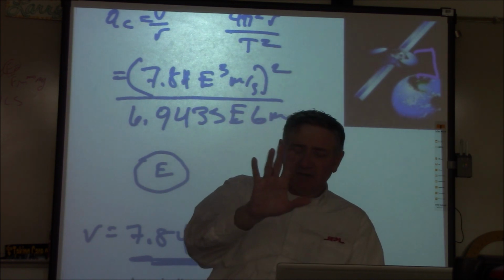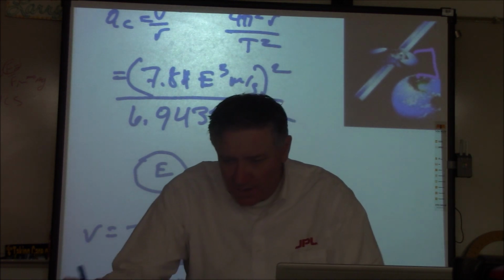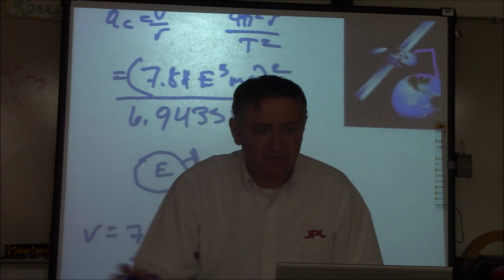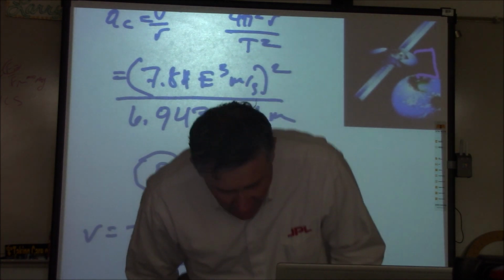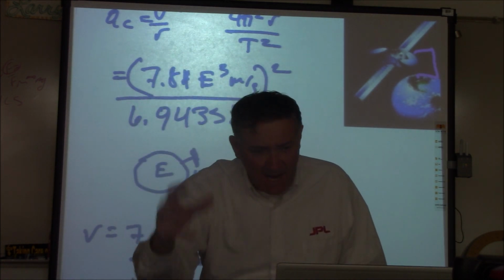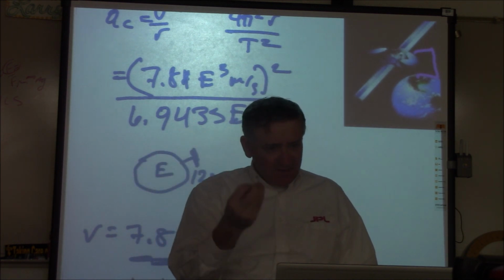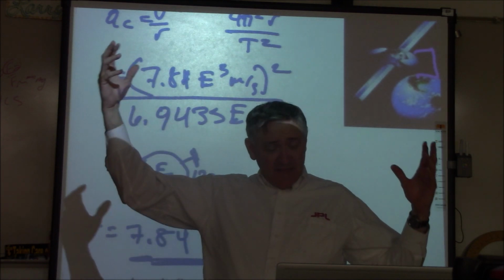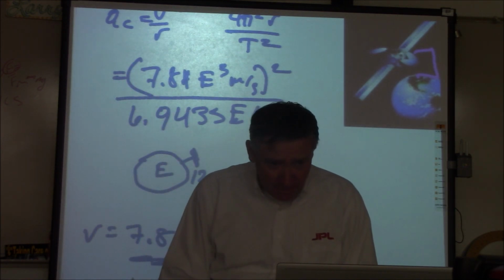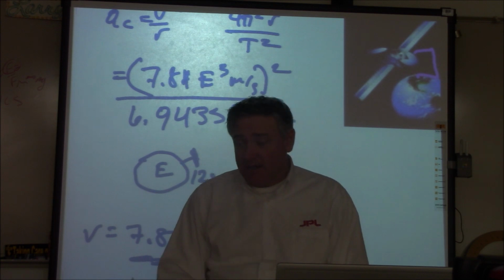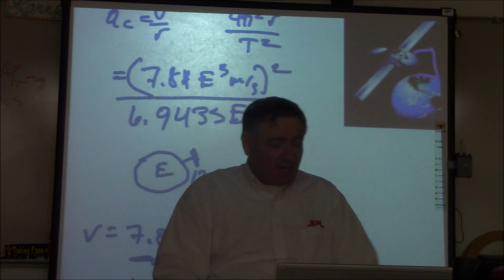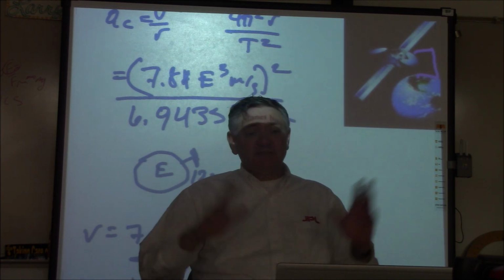At this point, I'm 122 kilometers above the surface of the Earth, so I'm further from the Earth. So when I calculate this value of little g, that number is going to be smaller than 9.8 meters per second squared. If I do this calculation and I get something bigger than 9.8 meters per second squared, it's a train wreck.